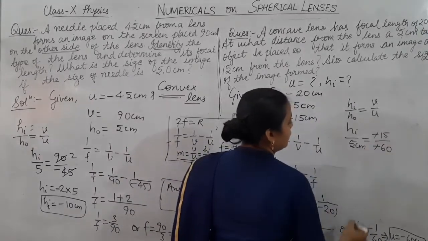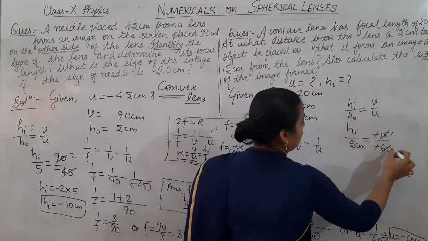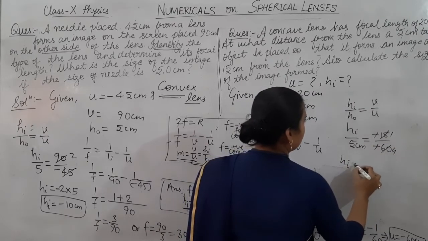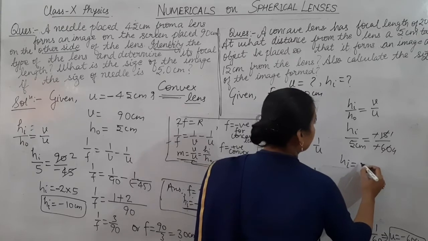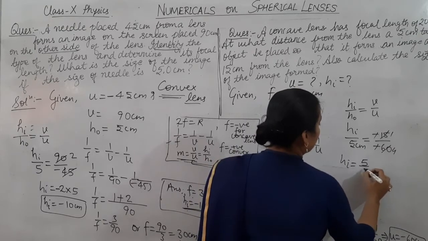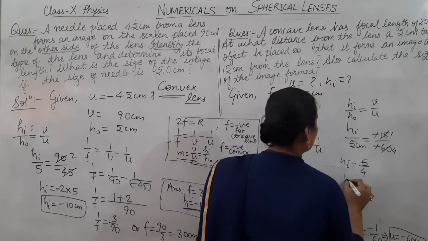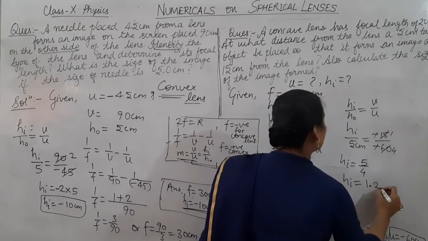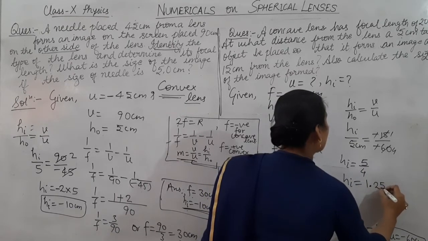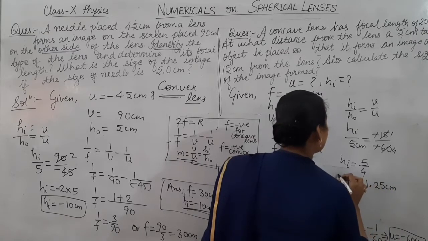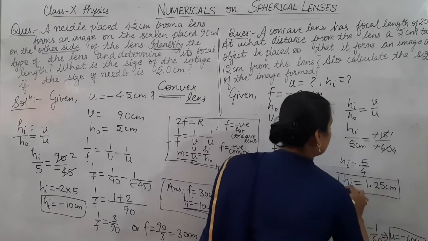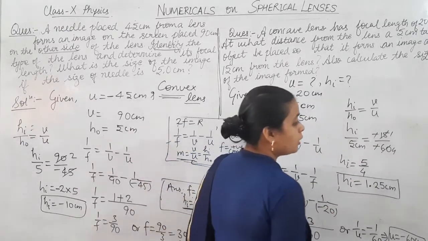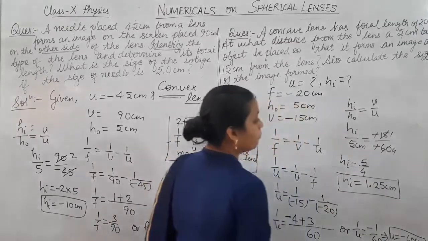Minus will cancel minus, 15 will cancel 60 four times, and HI will be equivalent to 5 by 4, or if we divide it, we get 1.25 centimeter.